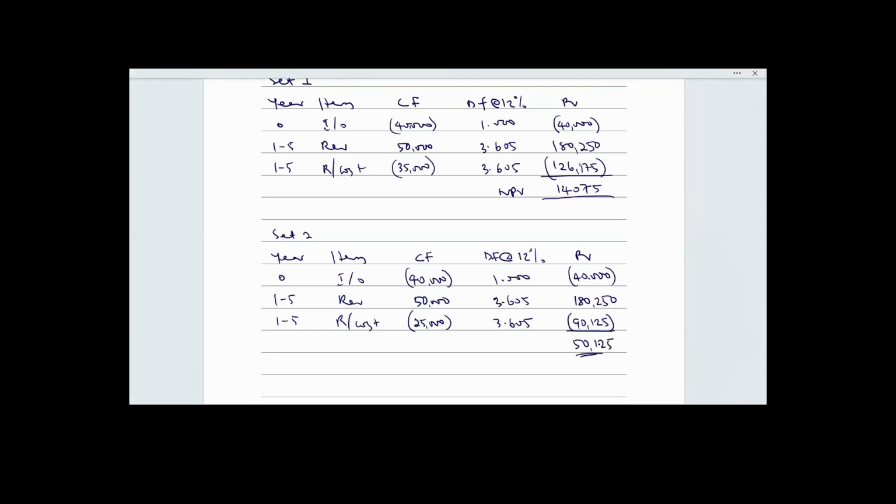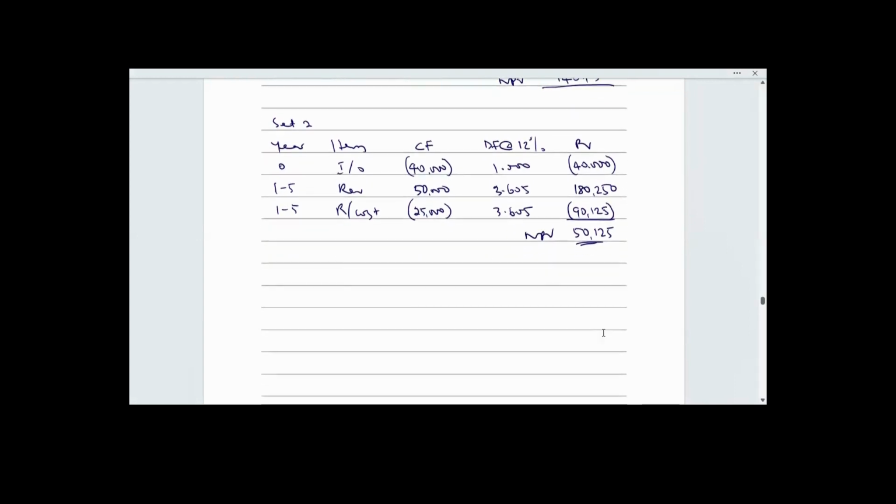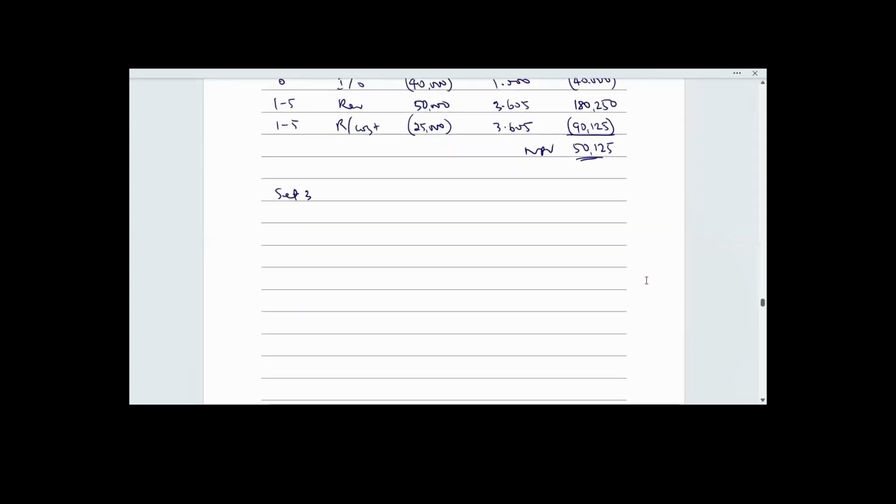5,125. That's the NPV. So I will do set 3. If you are given 10 sets in the question, that means you are going to calculate 10 separate NPVs. But thank God, this is just 3 sets. So, item, cash flow, discount factor, PV.